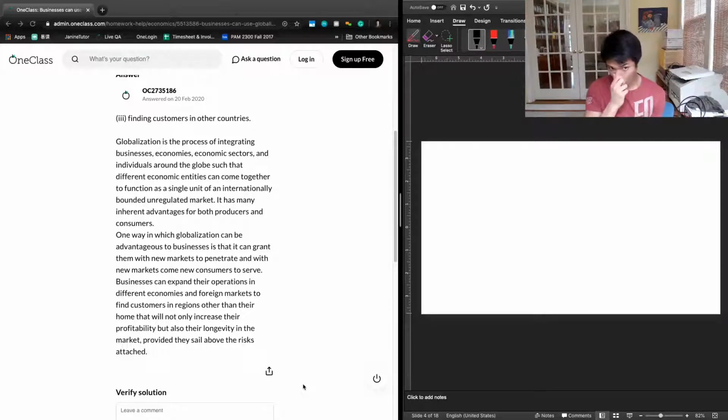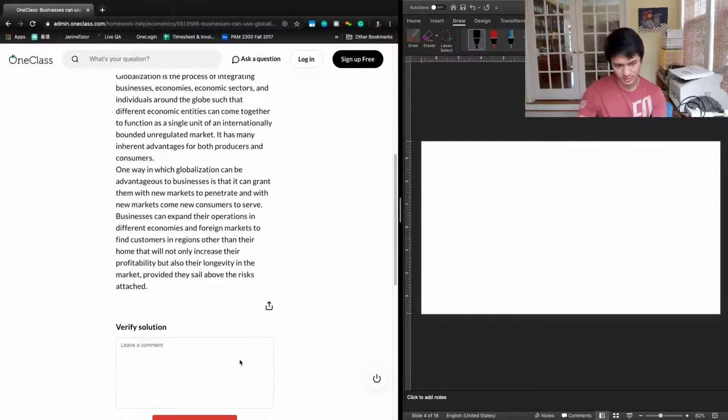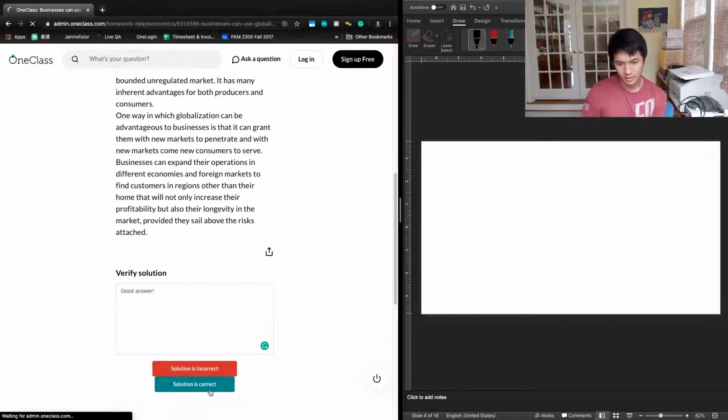One way in which globalization can be advantage to businesses is that it can grant them new markets to penetrate, and with new markets come new customers to serve. Businesses can expand their operations in different economies and foreign markets to find customers in regions other than their home, which will not only increase their profitability, but also their longevity in the market, provided they weigh the risks attached. Yeah, so this is a good answer. You can say good answer. Mark that as correct.